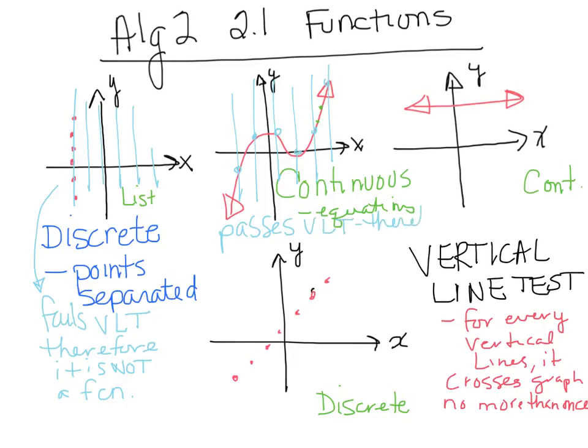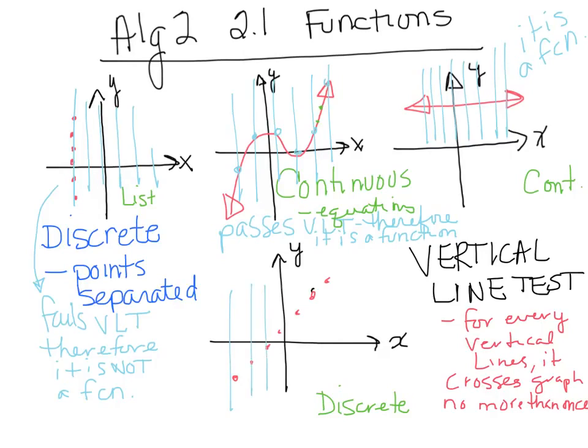Therefore, it is a function. If I look at this third graph over here, vertical line test, I'm only ever crossing once. So it is a function. It passes the vertical line test. And finally, this last one, drawing my vertical lines. Yep, I'm only ever crossing once, so it is also a function.